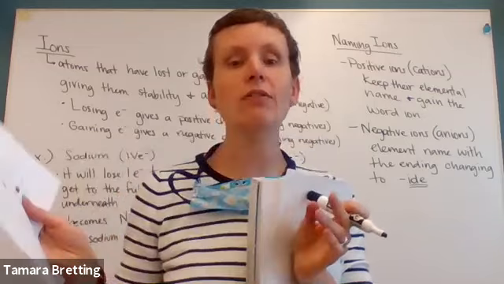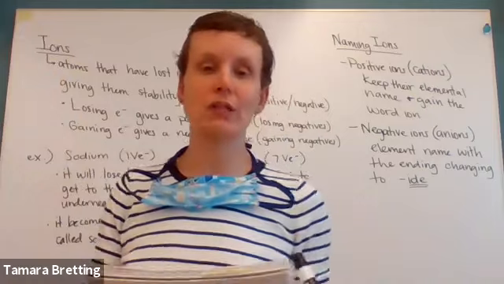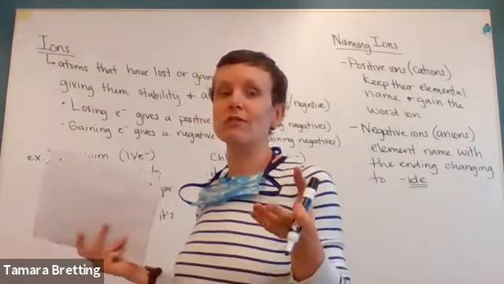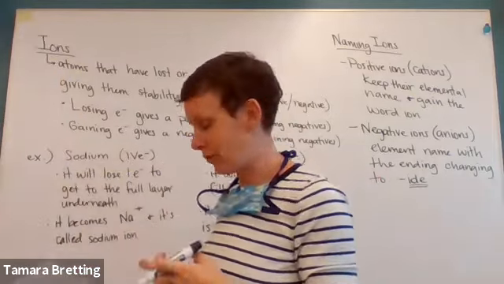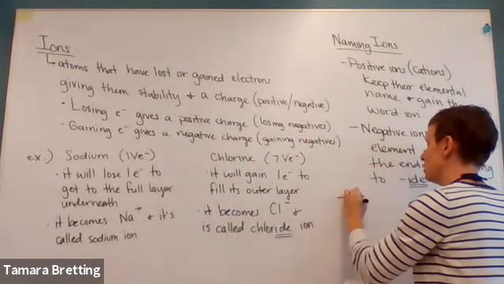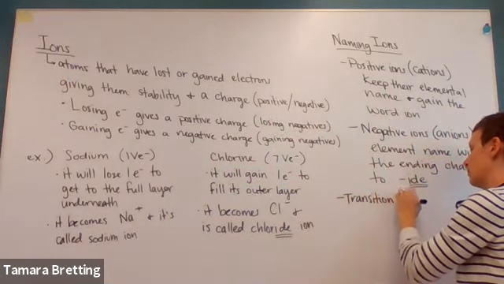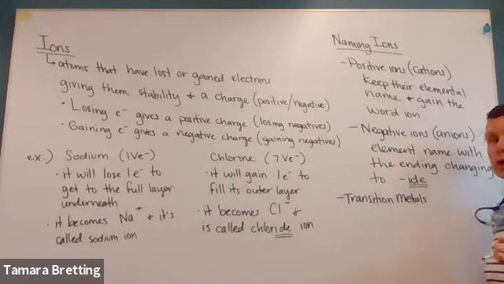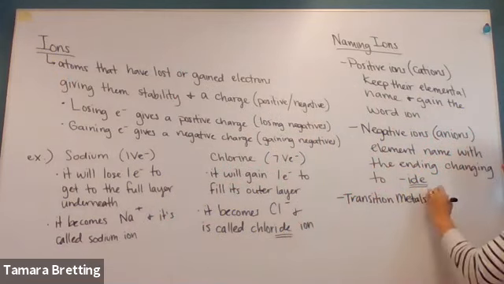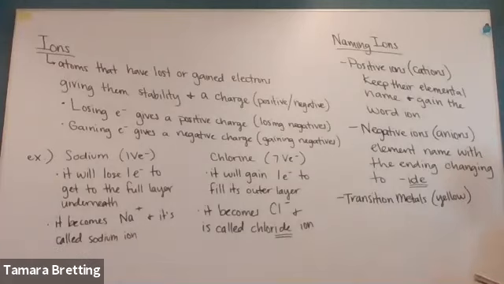And because of that, we have to include their charge in the name, and we're going to use Roman numerals. So hopefully you remember your Roman numerals. If not, you have a chance to write them here so that you don't forget them. But remember, those yellow elements are called transition metals. Maybe it would help if you wrote yellow, because those are the yellow ones on our color-coded periodic tables.